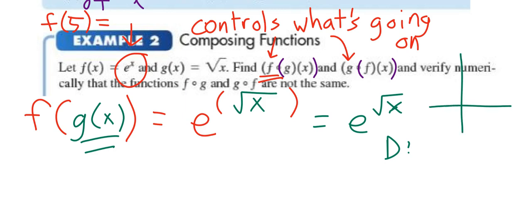The picture I got was kind of weird. It does this and then this. I'm kind of exaggerating that little movement right there.